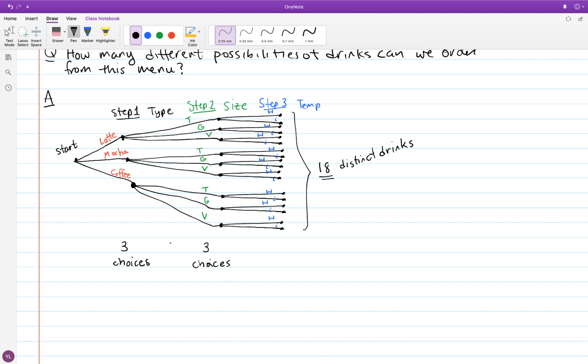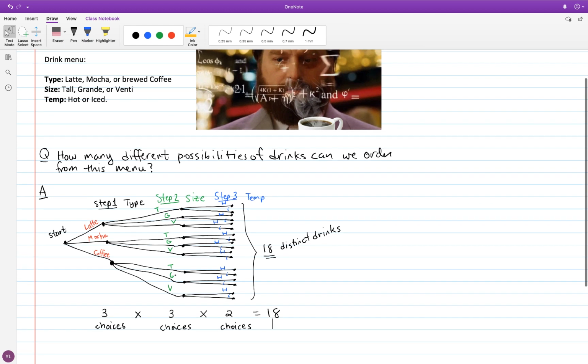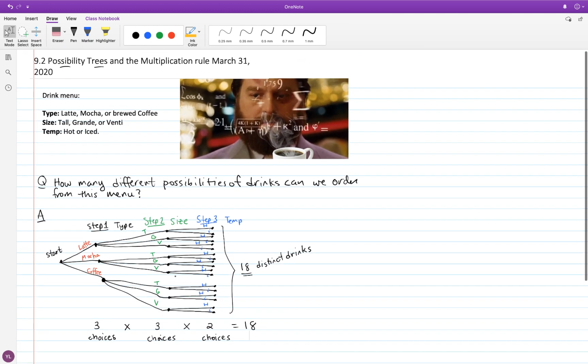So I multiply those 2 to get how many possibilities there are at that stage. And then the very final stage of deciding the temperature, there was only 2 choices, and every single one of the 9 possibilities coming into that stage had a choice of 2 temperatures. So in this way, I get the answer of 18. So this right here is the multiplication principle, and drawing this possibility tree helped us sort out how the multiplication principle was working.